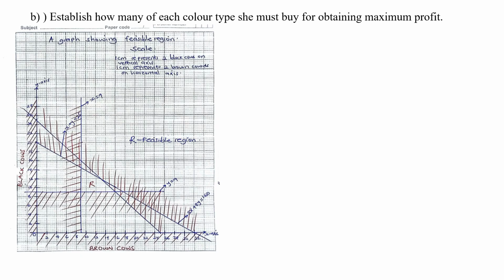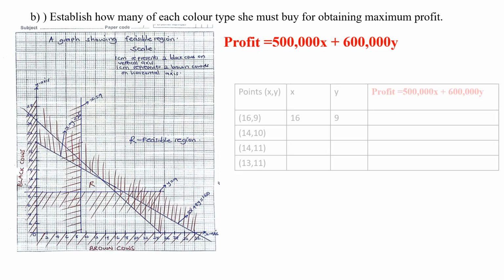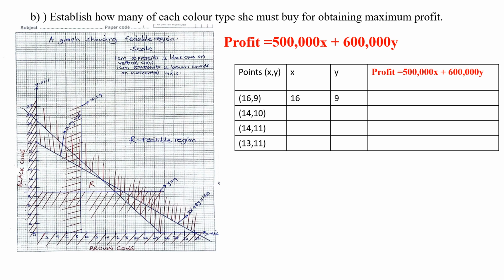So here we'll need to extract our table. Remember, our objective function is 500,000 x plus 600,000 y. This is the format of the table: points x, y, then x and then y, then our objective function.